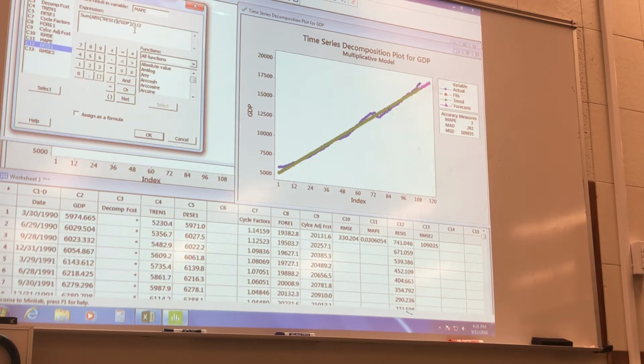Mine takes the absolute value of the residuals. Residuals are the same number series. And you divide them by GDP, summed all that, it should be right. I'll try later. Yeah, the MAPE should come up to what you see here. It doesn't want to calculate.